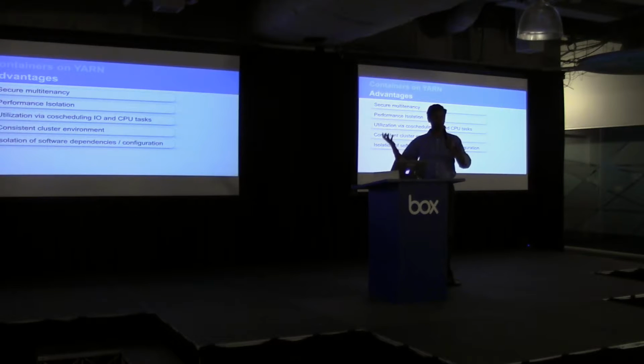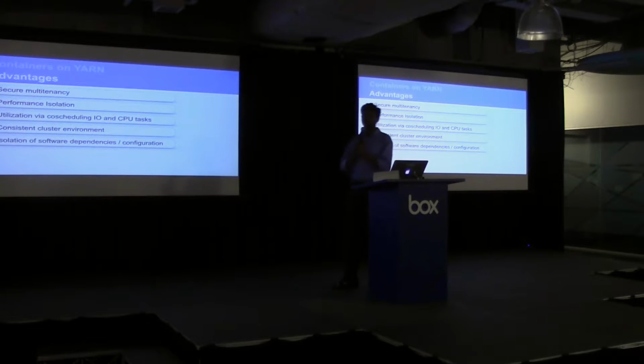So when these tasks need to run on the same host, you need to make sure that those dependencies don't conflict with each other. And there's no easy way to do this in current Yarn. Clearly, if you use containers and you have a private mount, you won't have those dependency conflicts.